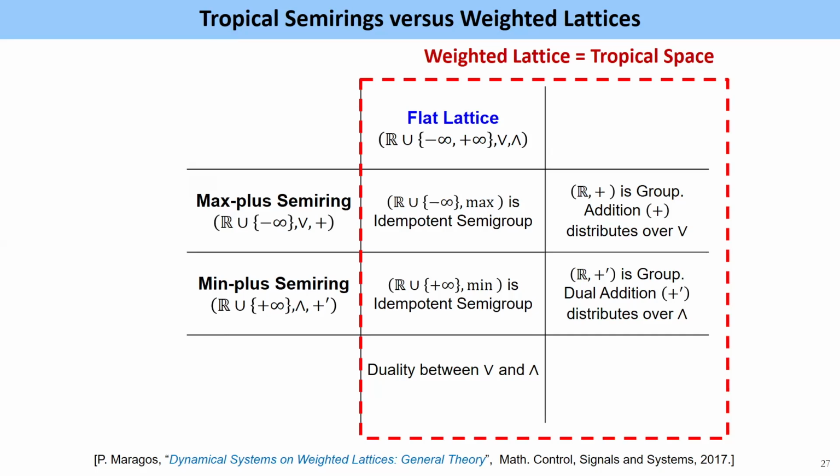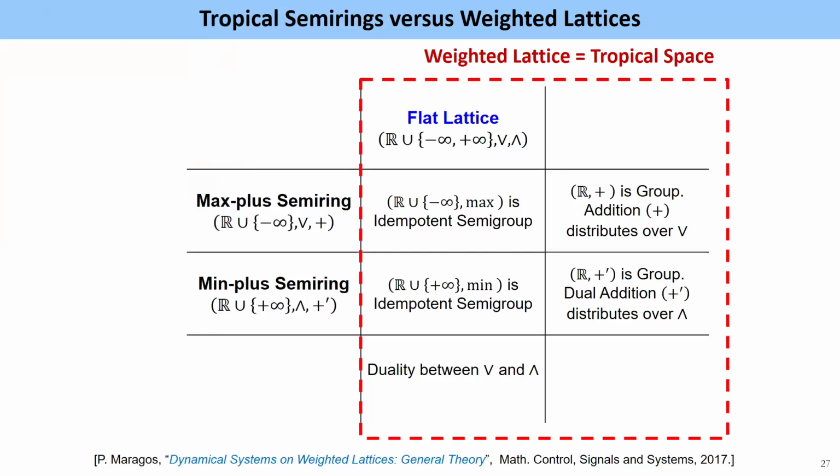The second one is a group, the addition. Same thing with min plus, and they are dual. Another view is a lattice, a flat lattice, where we have the extended set of real numbers equipped with max and min, which contains both semigroups.